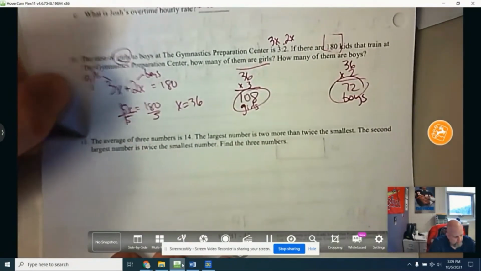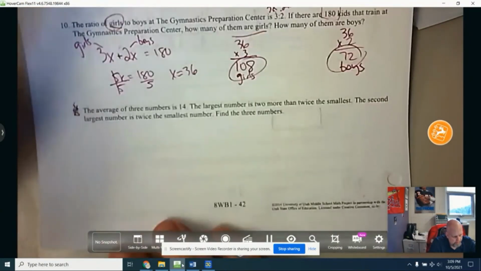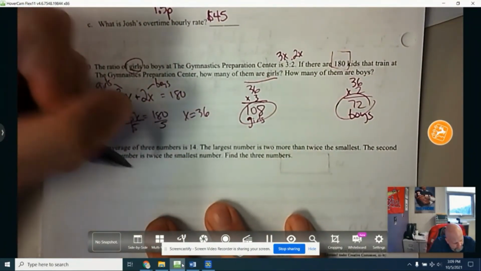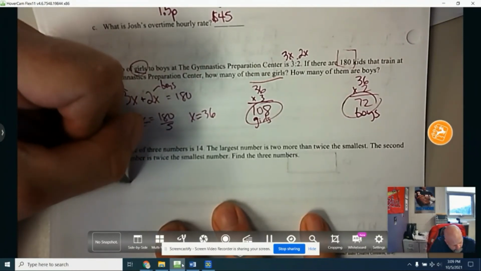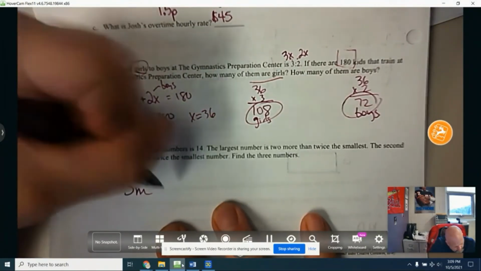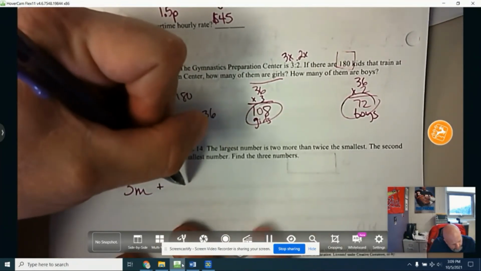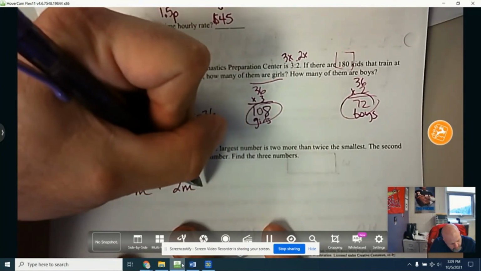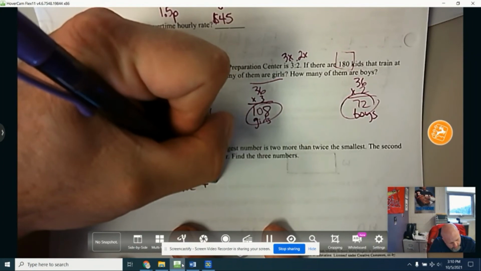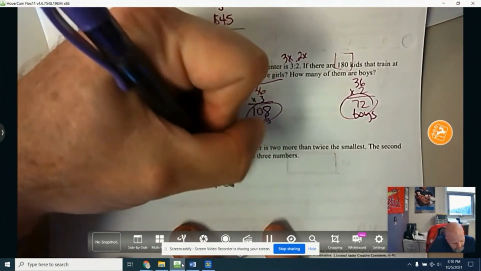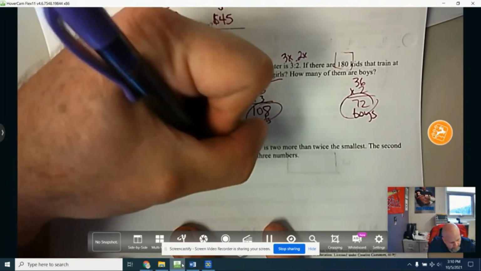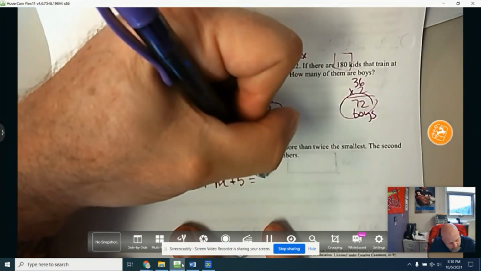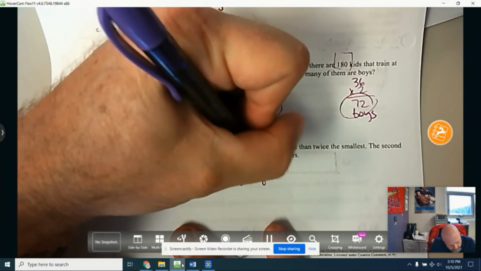Number 11, we're going to skip here, and we're going to write out this equation. So I'm going to say 3m plus 2m plus m plus 5 equals, let's say, 85.